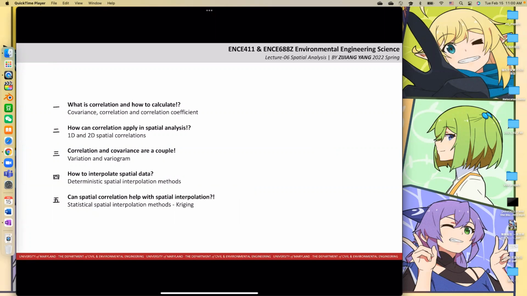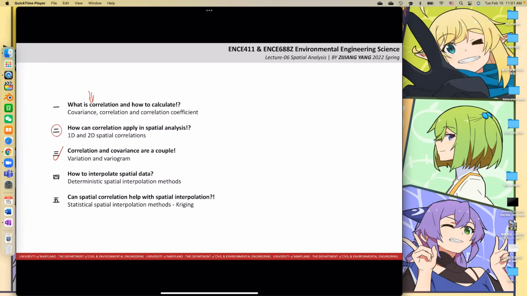First, I would like to talk about correlation and how to calculate the correlation. And then correlation can be evolved in spatial analysis, so I will talk a little bit about their relations. And then I will talk about correlation and covariance, which are frequently used in spatial analysis.